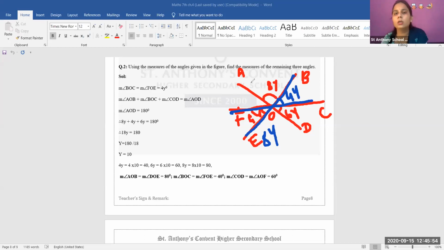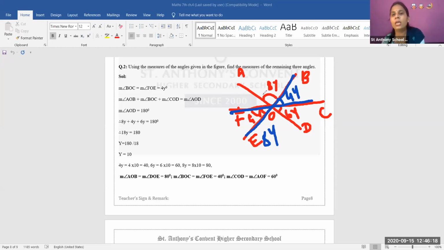Now to find the value of y, we know that measure of angle AOD, this angle in a linear pair, is equal to measure of angle AOB plus BOC plus COD, which is equal to 180, right?